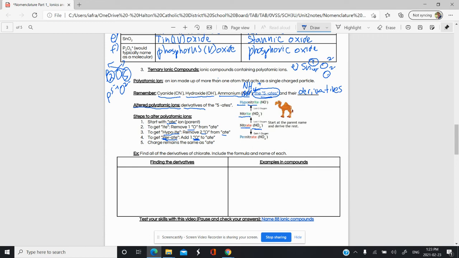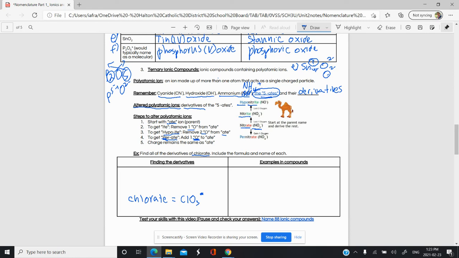For example, I'm going to try to find the derivatives for the chlorate polyatomic ion. So I'm going to put chlorate over here. And I know chlorate is ClO3 minus, with an overall charge of minus 1.